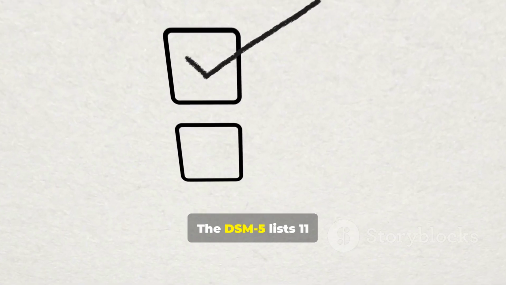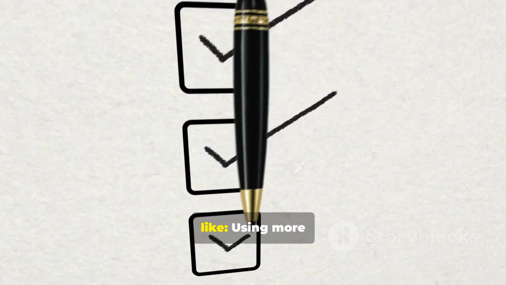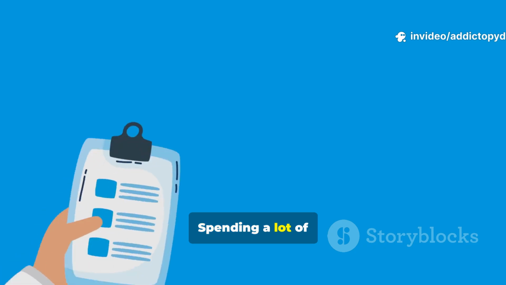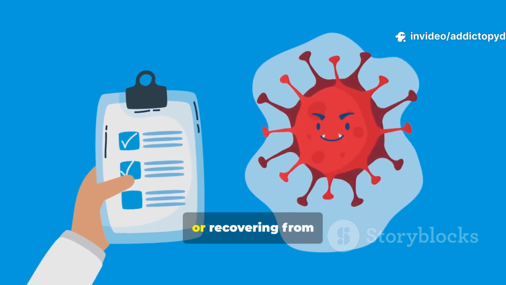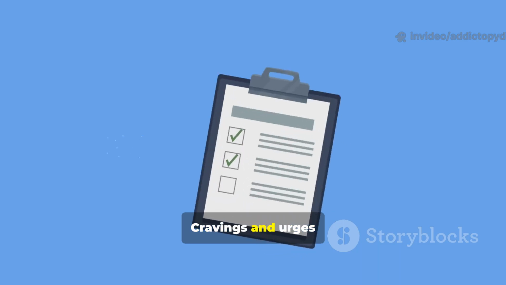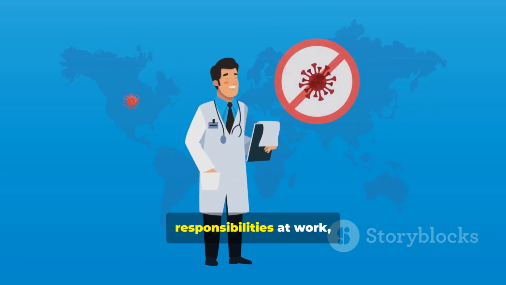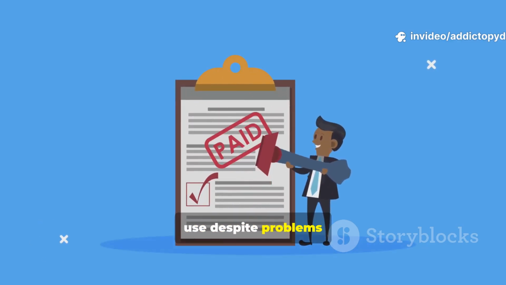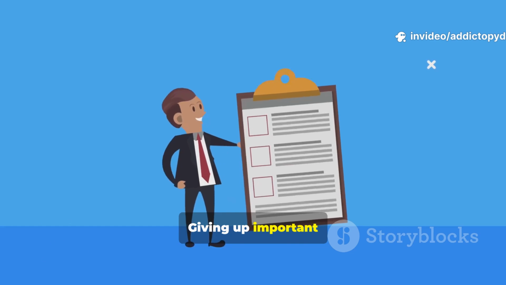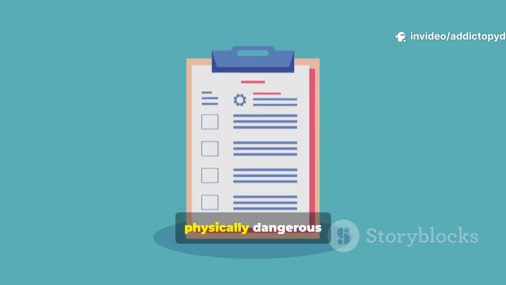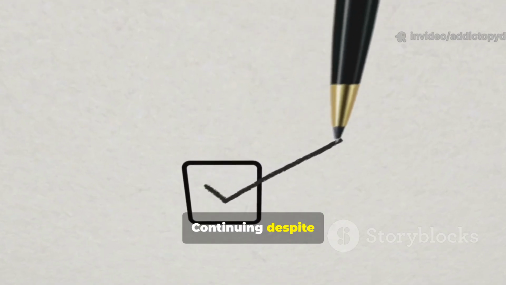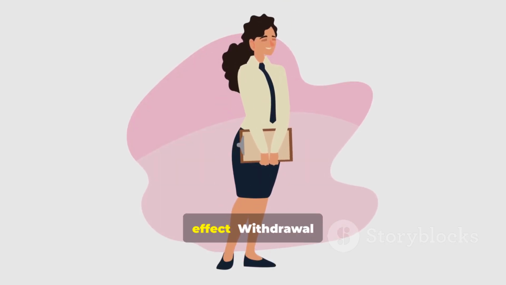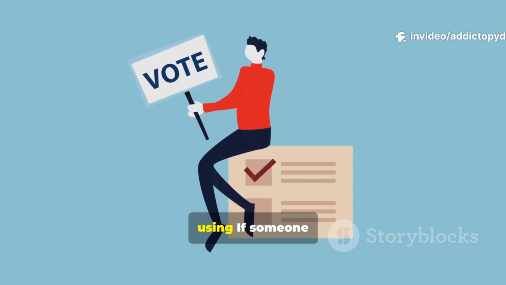The DSM-5 lists 11 key criteria, like using more than intended, unsuccessful attempts to cut down, spending a lot of time getting, using, or recovering from the substance, cravings and urges, neglecting responsibilities at work, school, or home, continuing use despite problems in relationships, giving up important activities, using even when it's physically dangerous, continuing despite physical or psychological harm, tolerance, needing more for the same effect, and withdrawal symptoms when not using.